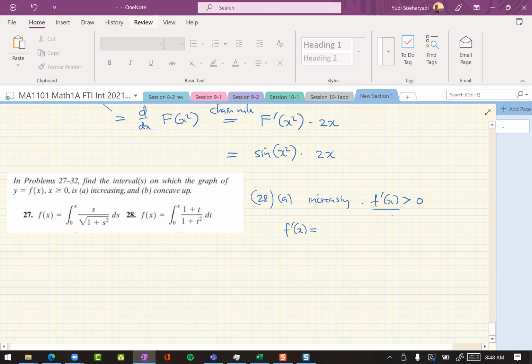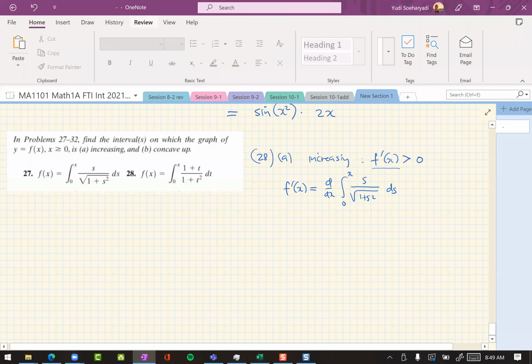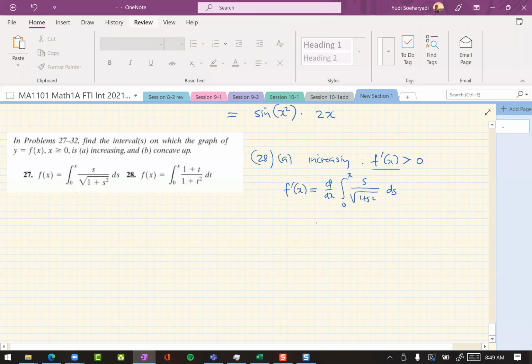So we need a sign chart. Okay, F prime is the derivative of the integral of the square root of 1 plus s squared. Well, by FTC, let's see, this is a continuous function, all right?